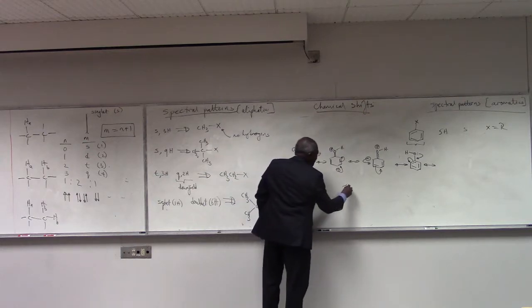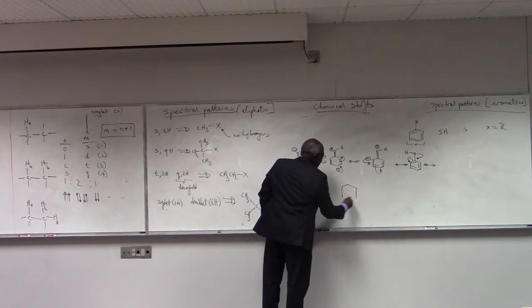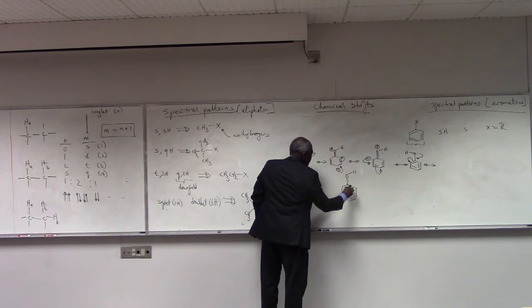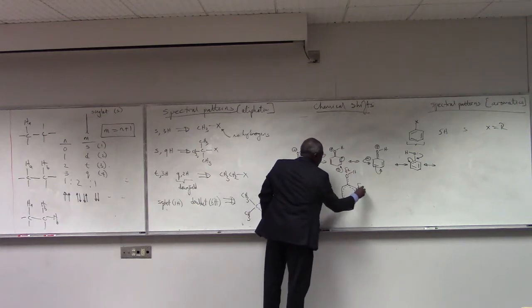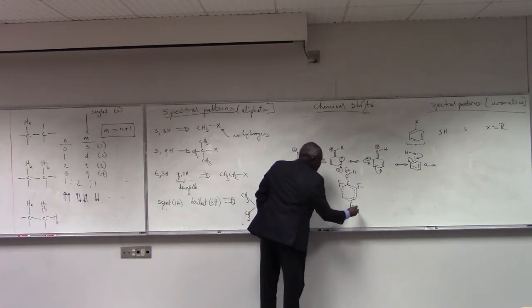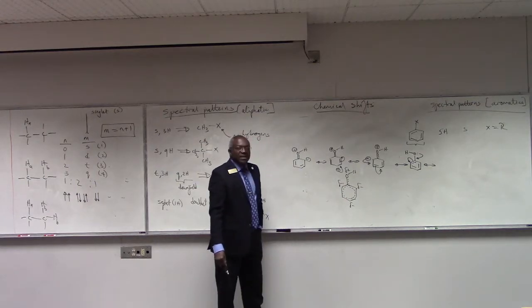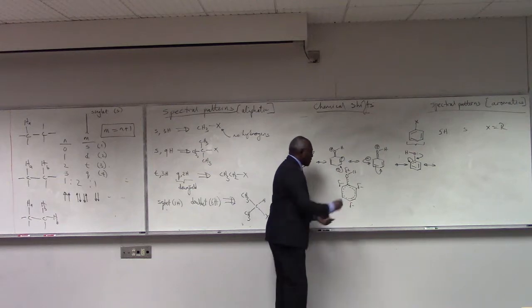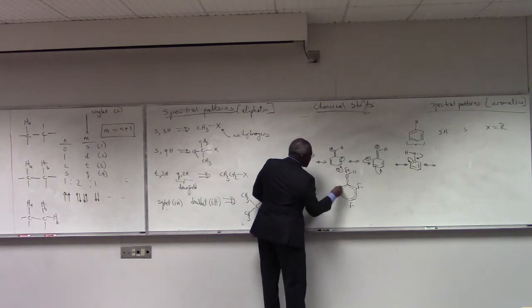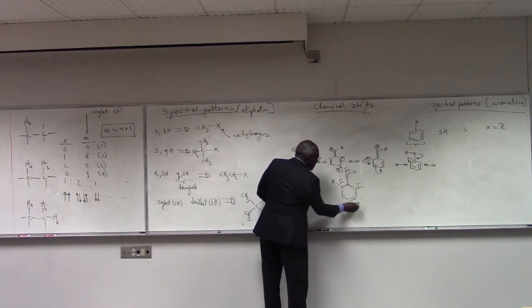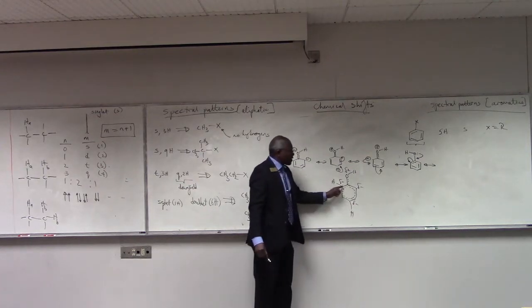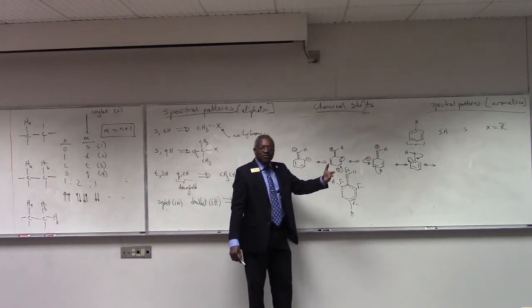So if I were to draw the hybrid, it looks like this. What this means is that the H's that are ortho and para, in other words, the H's that are here and here, are attached to carbons that have high electron density.